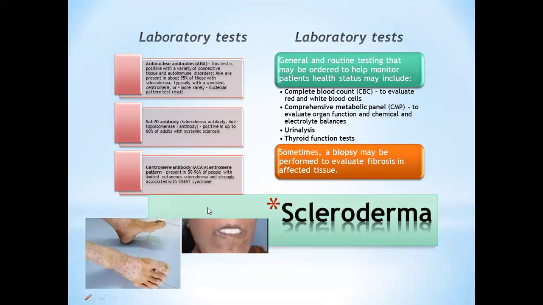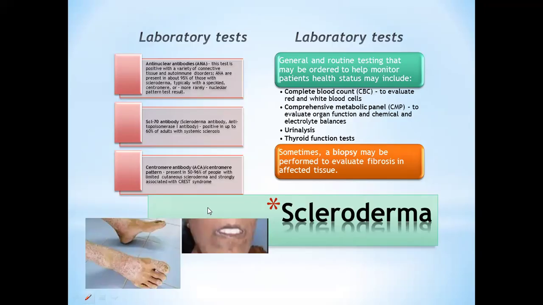A general and routine test that might be ordered to help monitor patient health status may include a complete blood count to evaluate red and white blood cells, a comprehensive metabolic panel to evaluate organ function and chemical electrolyte balance, urinalysis, and thyroid function test.